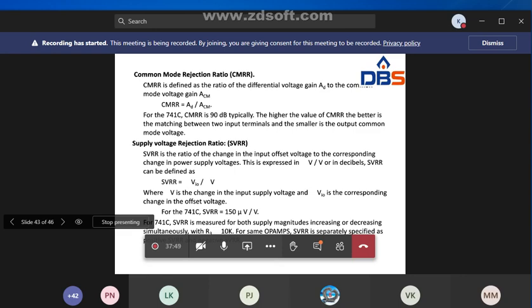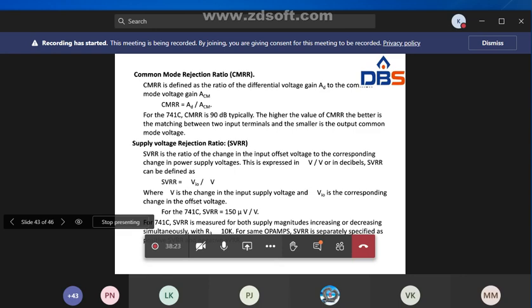The typical value of CMRR is 90 decibels, and the ideal value is infinity. The higher the CMRR, the better the matching between the two input terminals, and the smaller the output common mode voltage. If CMRR is high, the noise will be low.